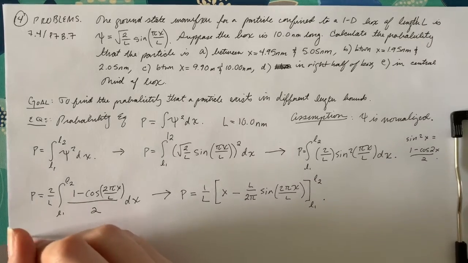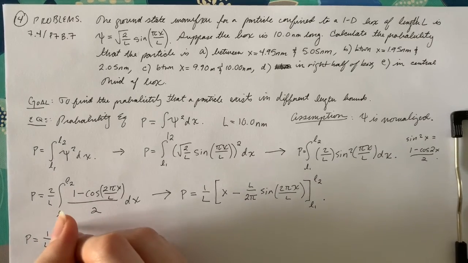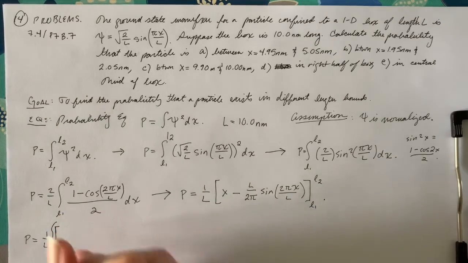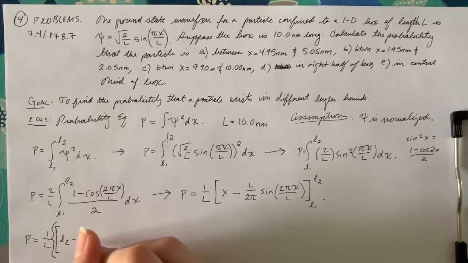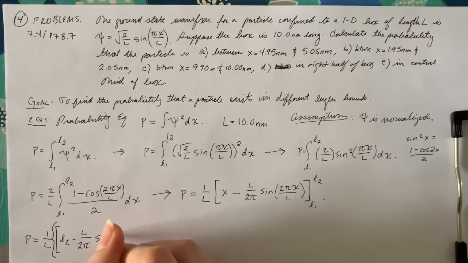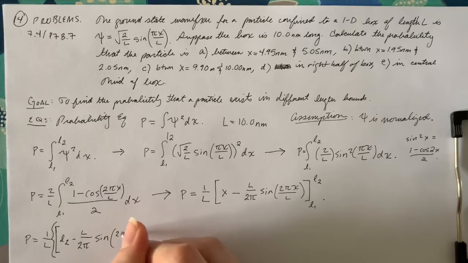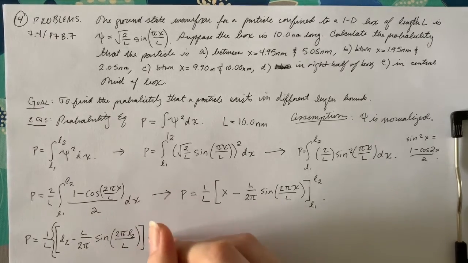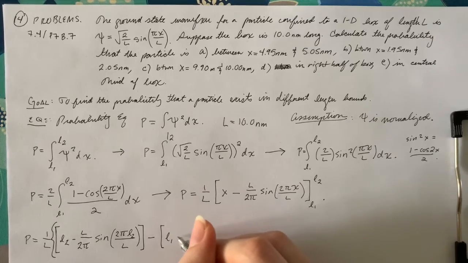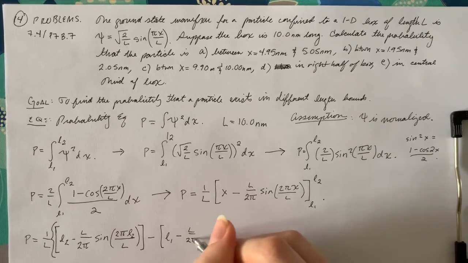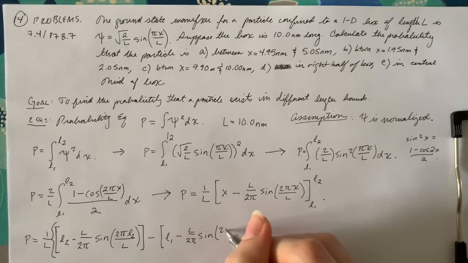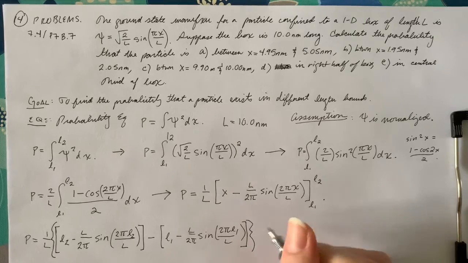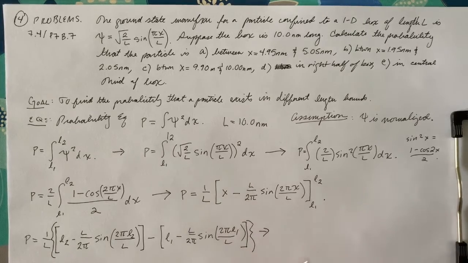Okay, now plugging in these values, L2 first, we get equals 1 over L, big bracket, L2 minus L over 2 pi sine 2 pi L2 over L, minus the same thing, but with L1 instead. And then what I'm going to do is group the like terms together.